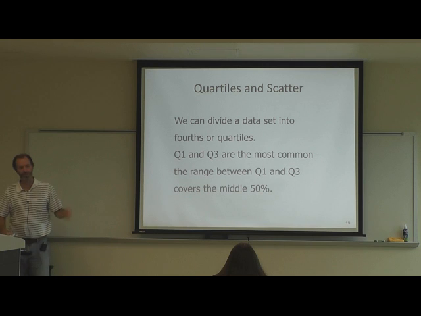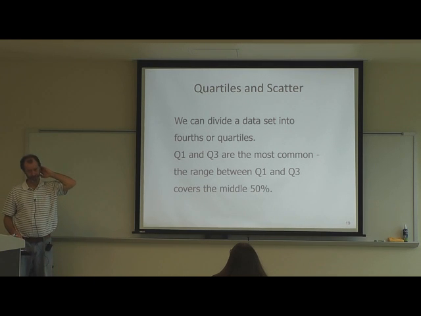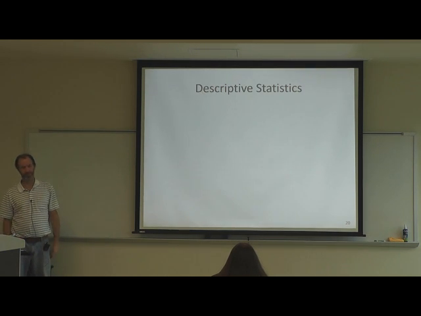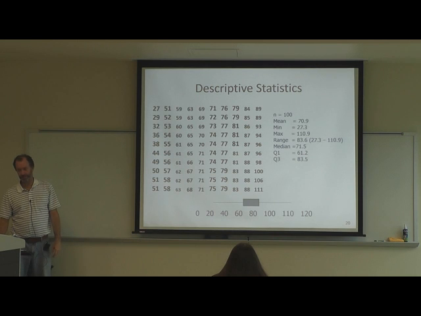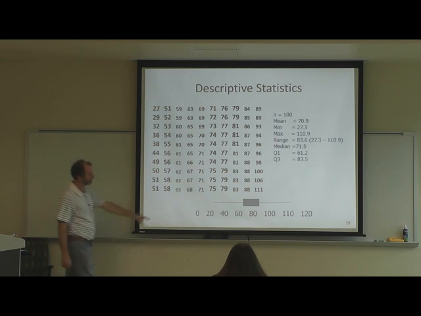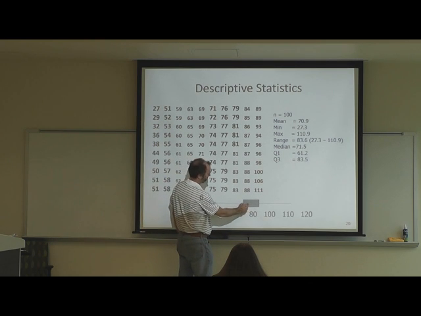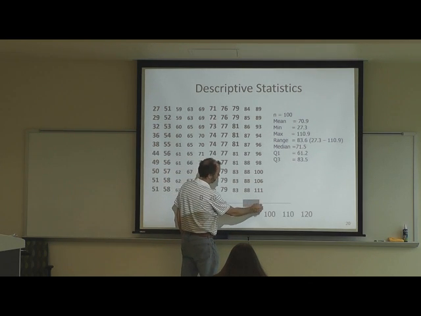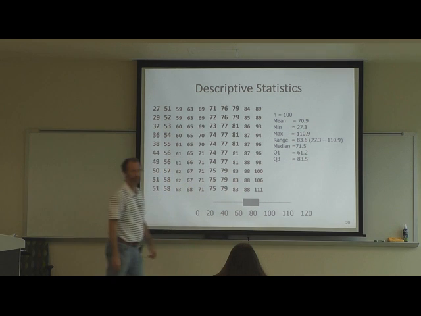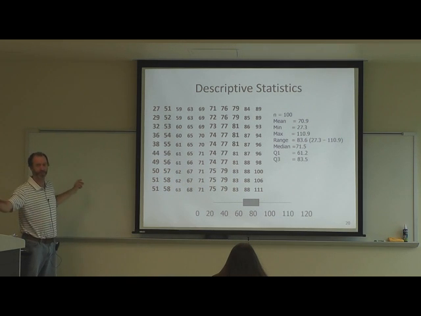Have you guys seen those box and whisker plots? This shows you the first quartile, second quartile with your median, third quartile, and then fourth quartile. It gives you a visual representation of the scatter or range of the data.